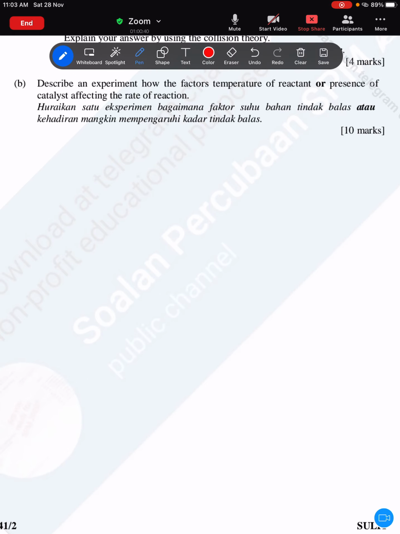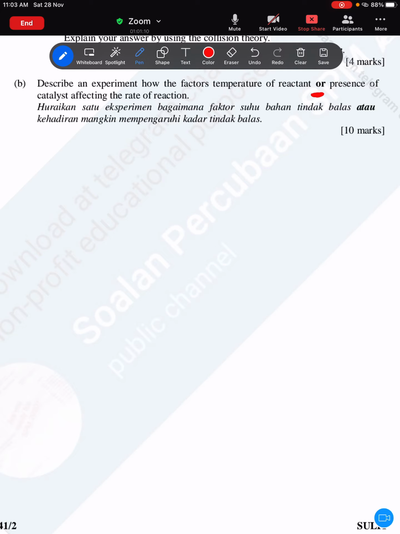Describe an experiment how the factors temperature of reactant or the presence of a catalyst affect the rate of reaction. Okay, actually dia dua soalan tau. Be careful. They put or. So which one are you going to choose? Because it's easier, am I right?